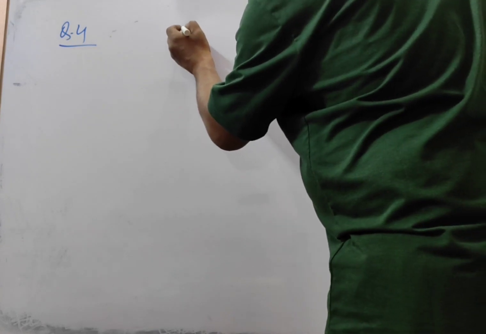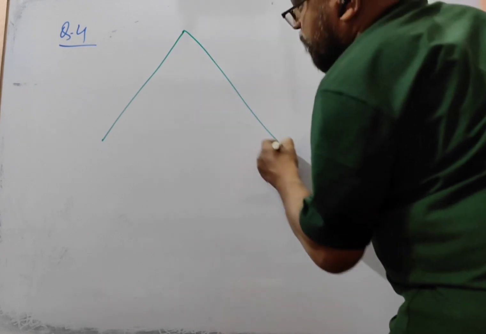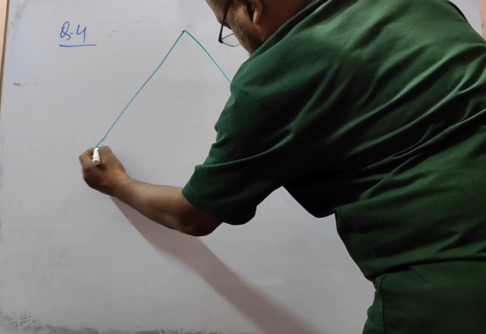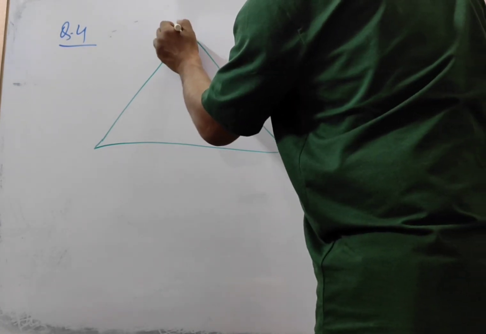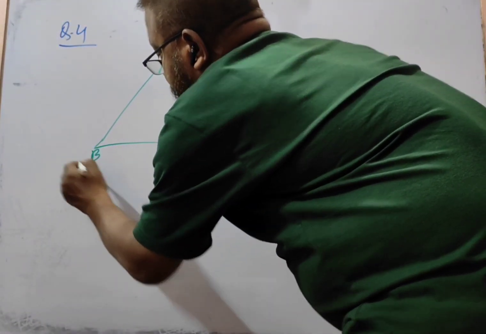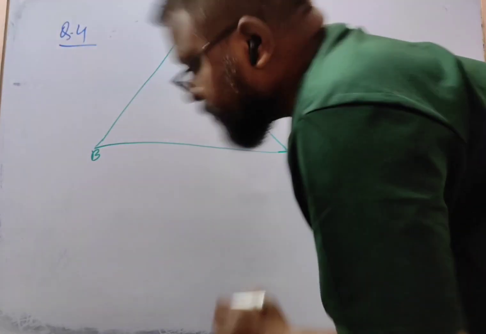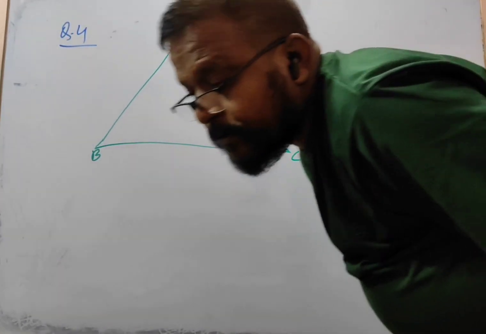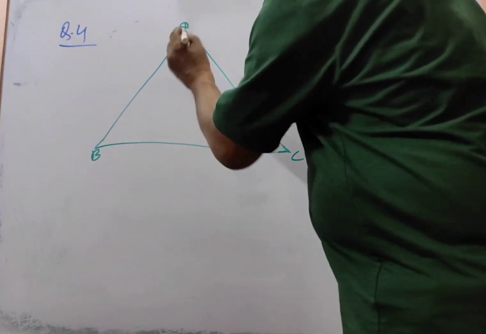This is question number four. So this is a triangle like this. This is A, this is B, this is C. Okay, fine. And there is a perpendicular from A to BC.